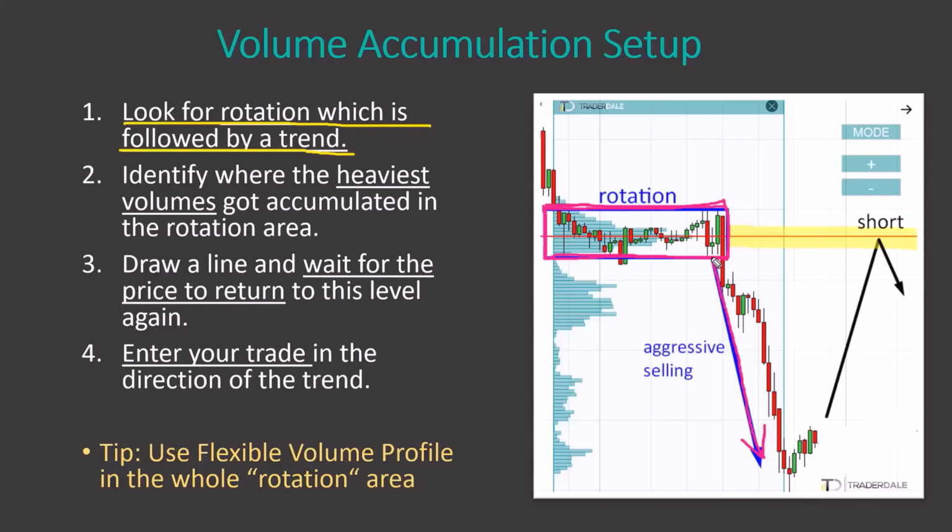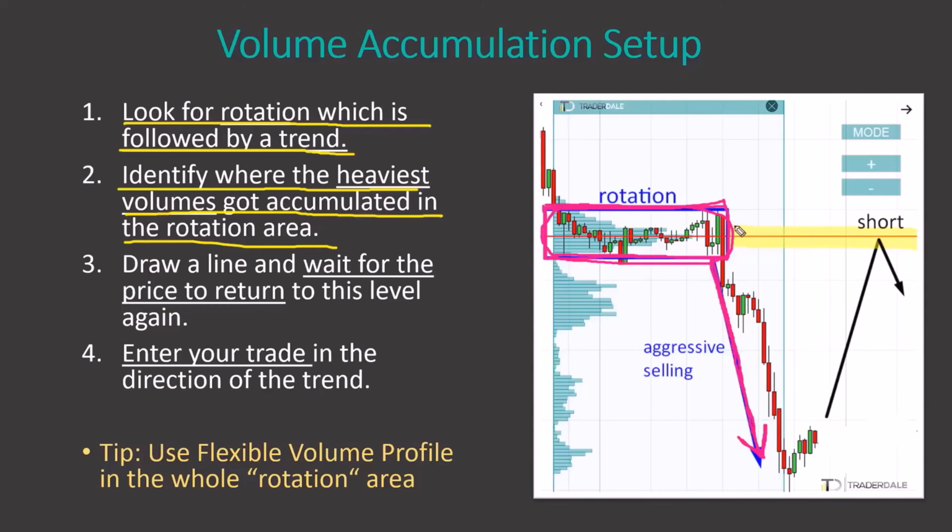Then there was a sharp sell-off, downtrend. So this tells us that those guys were entering shorts slowly and unnoticed, and then they manipulated the price downwards. That's the information we have. Now, how to work with that? You identify where the heaviest volumes got accumulated in the rotation area.